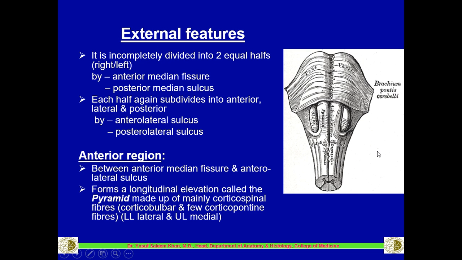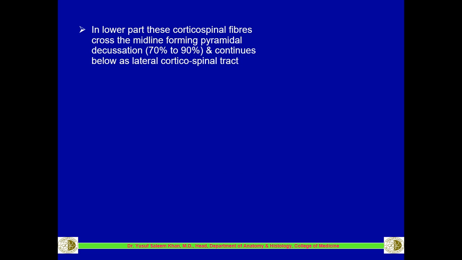If you see here, most of the fibers, 70 to 95% of the fibers, cross from one side to the other side. So they crisscross. This crossing of the fibers from the right side to the left side, or from the left side to the right side, is called decussation. Because it is the decussation of the pyramidal fibers, it is called the pyramidal decussation.